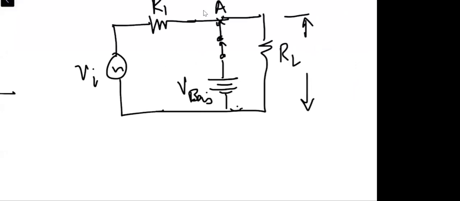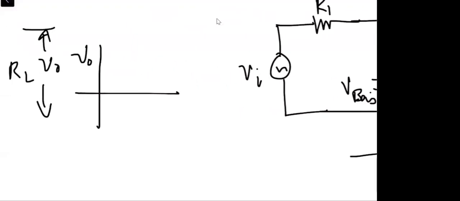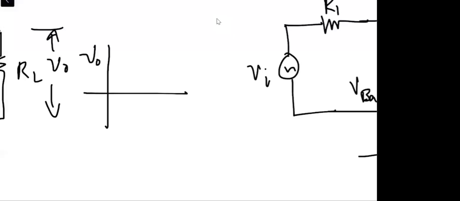So this means at the very start, the output is being held equal to V bias. Output is being held equal to V bias.